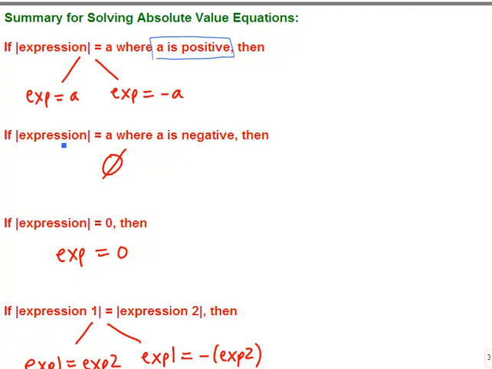If you have an absolute value set equal to a negative number, then there's no solution. You don't have to do any work, because there's no way that an absolute value is ever going to be negative. If you have an absolute value set equal to 0, then there's only going to be one case, and you get it by just setting your expression equal to 0 and solving. So we either have two solutions, one solution, or no solutions, depending on whether the number on the right-hand side is positive, negative, or 0.